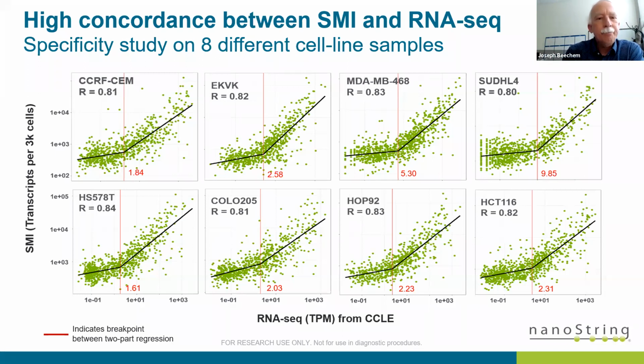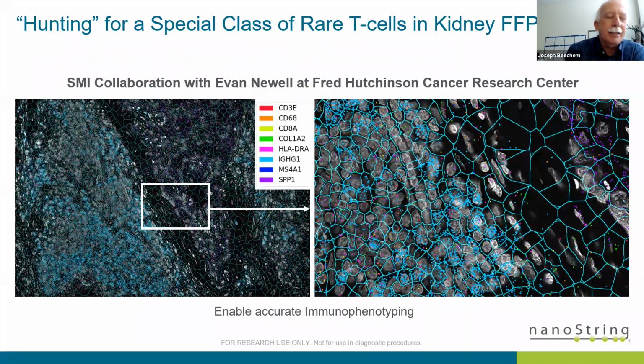That's some of the kinds of validation we do. We also run RNAscope on a lot of these things and quantitate the little RNAscope dots against these higher-plex assay dots and all those types of things.